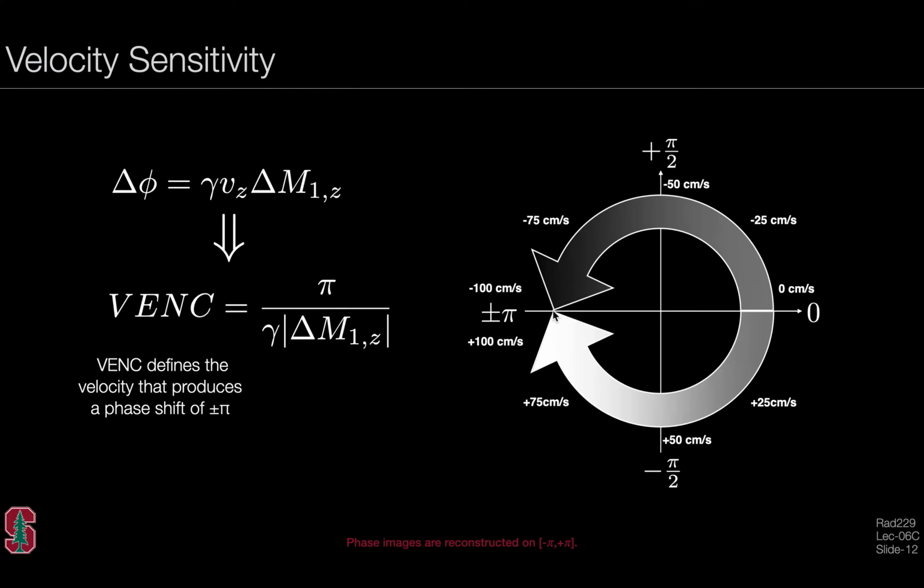You could be 100 centimeters per second, or you could be minus 100 centimeters per second. So we have to choose our VENC very carefully so that we're not operating in this regime where we can have aliasing, and that gives rise to a confusing velocity estimate. I'll show you an example in just a second.